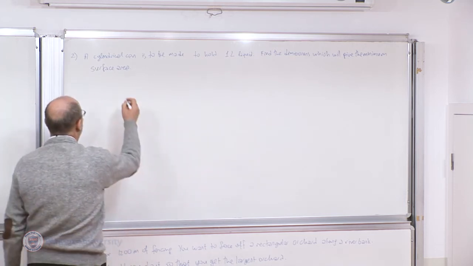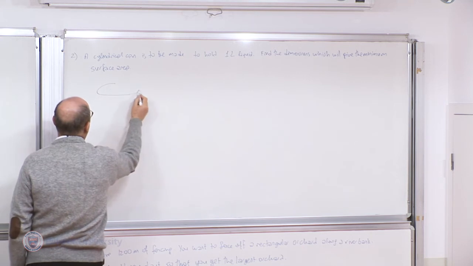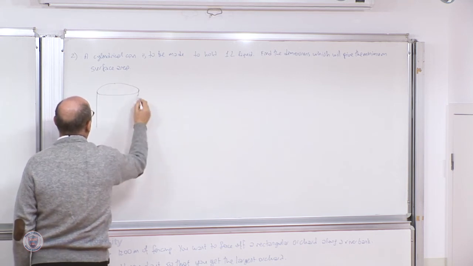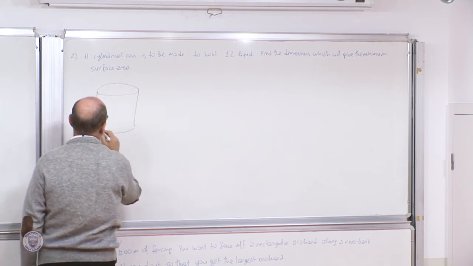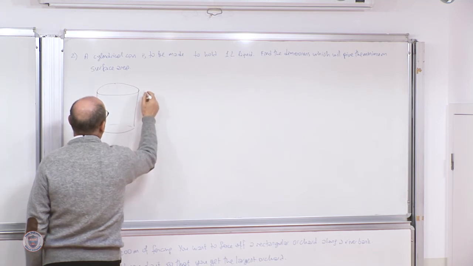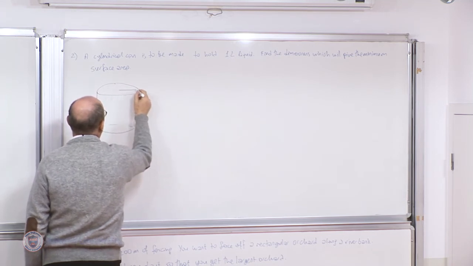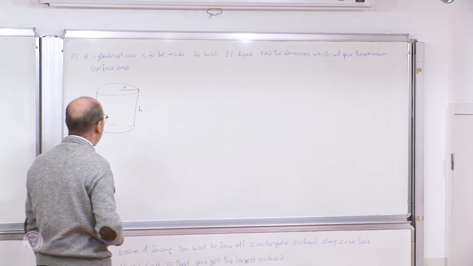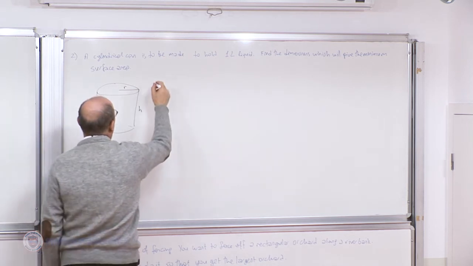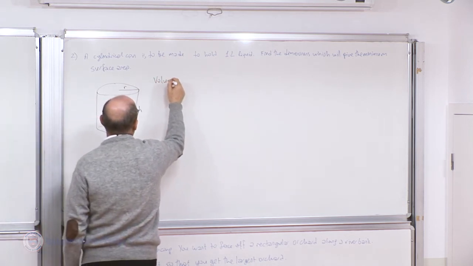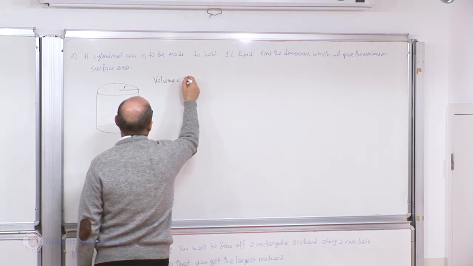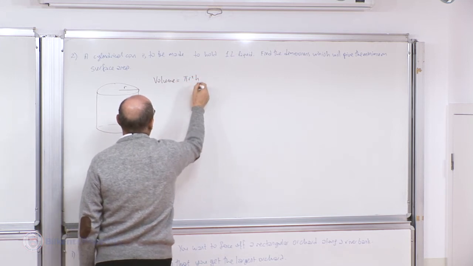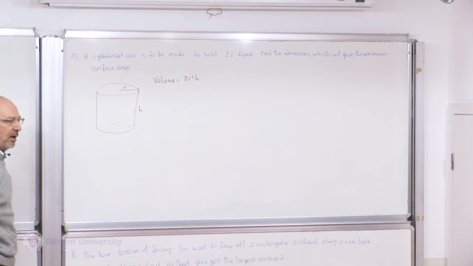Okay, so here we are talking about a can like this. So this part is height, this part is radius. Okay, so volume is equal to pi r square h. Okay, base area times height.